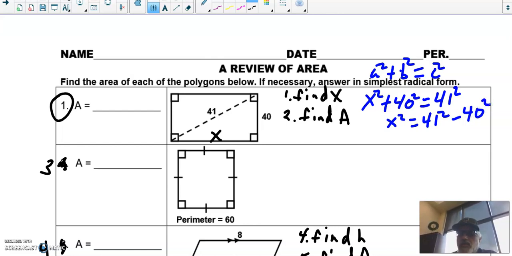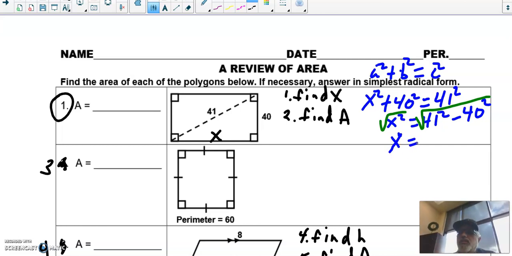And then once I do that, I'm going to take the square root of both sides, so that I end up with this.